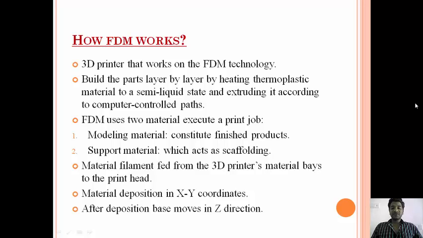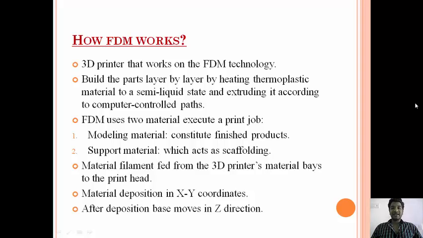Material filament is fed from the 3D printer material base to the printer head. How does it feed? It consists of a nozzle through which the material is poured, and through the nozzle it moves to the required shape. The nozzle is moved to the required points, and the model is created.